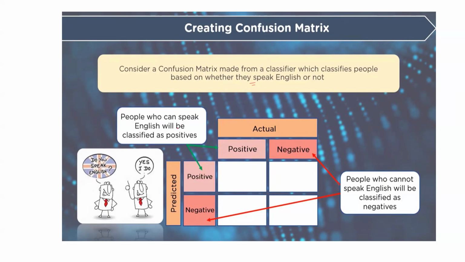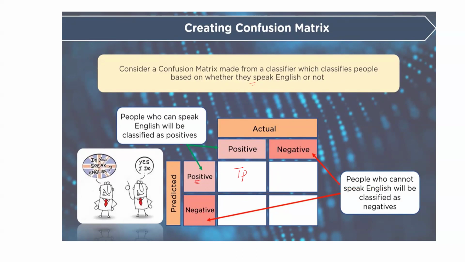When a person can speak English, the actual is positive and the predicted is positive, then we call it a true positive. Suppose our classifier has identified the people who can speak English and actually those people also speak English, that we call the true positive. People who cannot speak English will be classified as negatives.